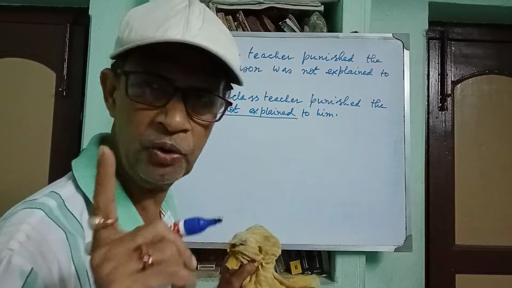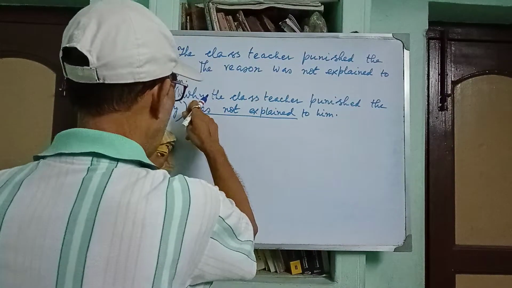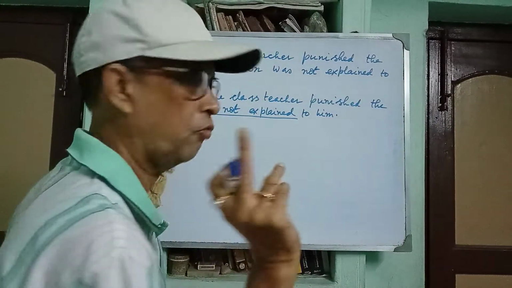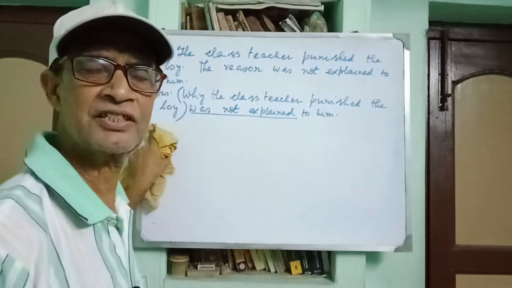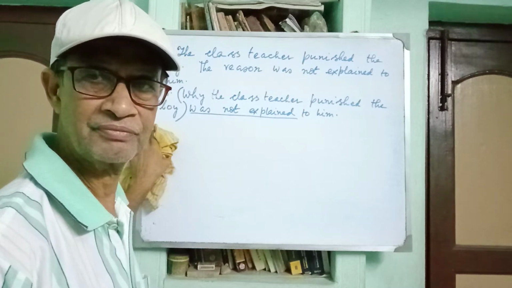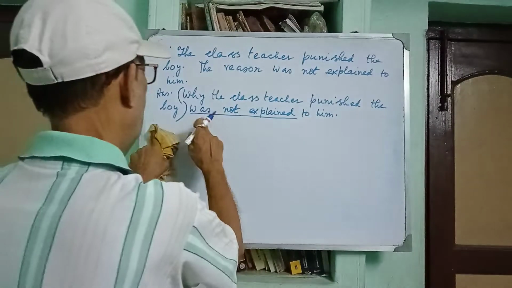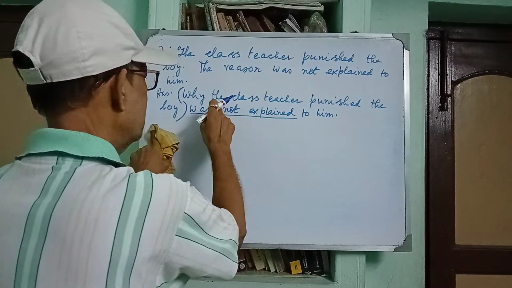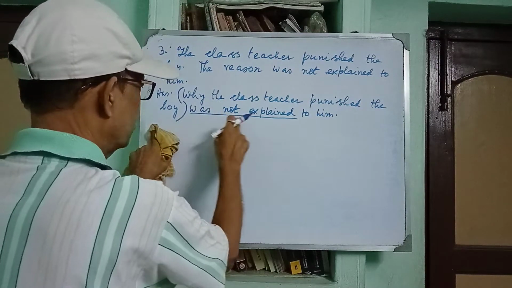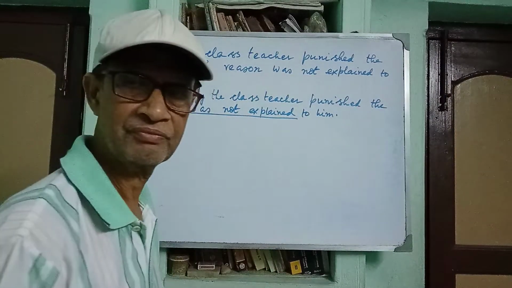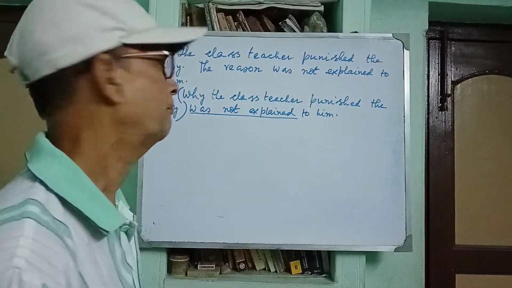The entire sentence is the principal clause. Why the class teacher punished the boy is a subordinate noun clause and subject to the verb was not explained. Am I clear?